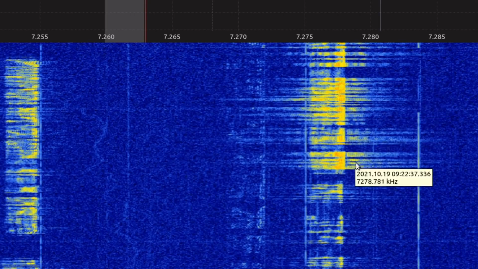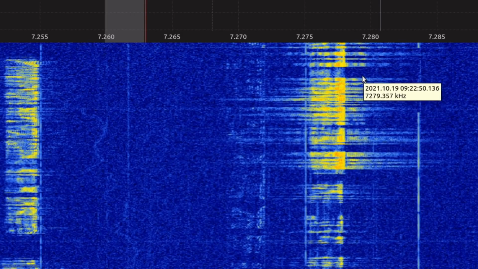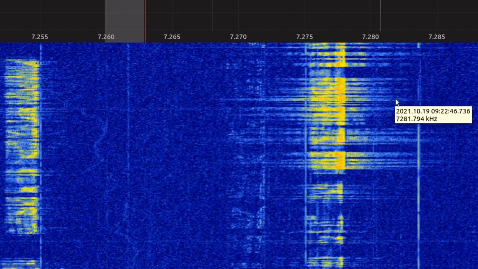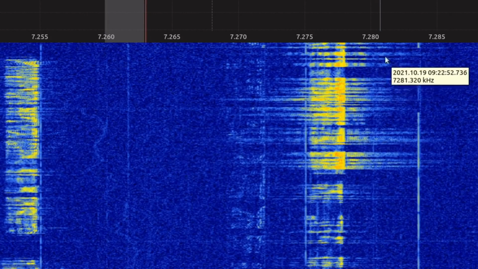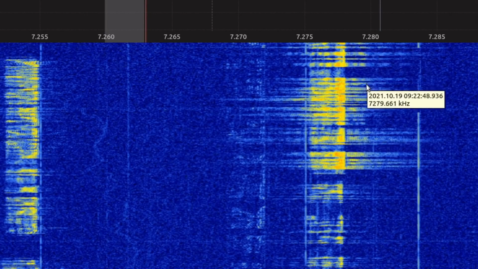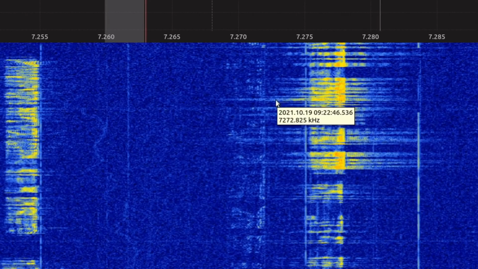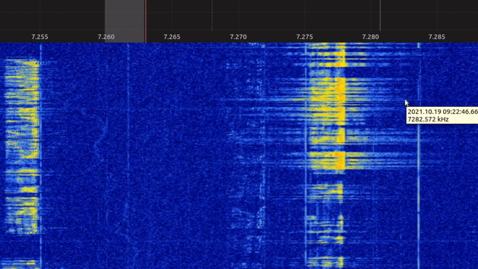This is what splatter looks like, and it is bad because it interferes, for one thing. If there was another QSO going on right here, the noise from this guy would make it hard to understand. He's also occupying in total 7272 to 82.